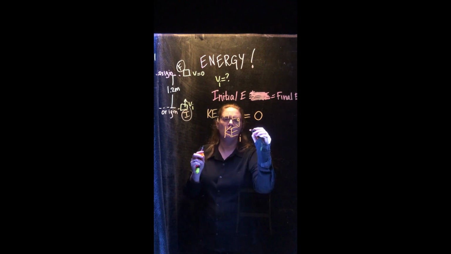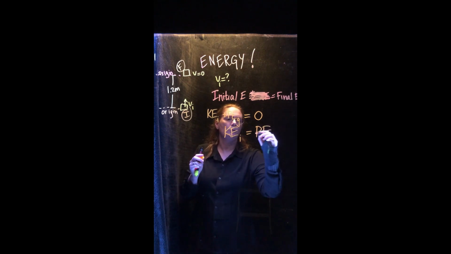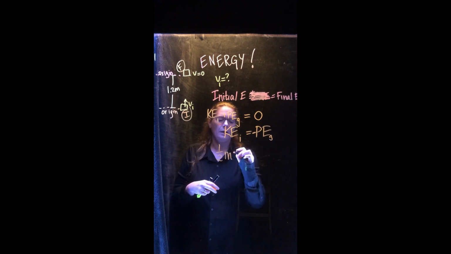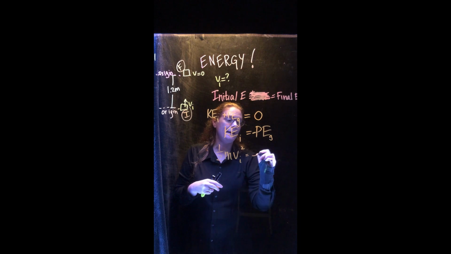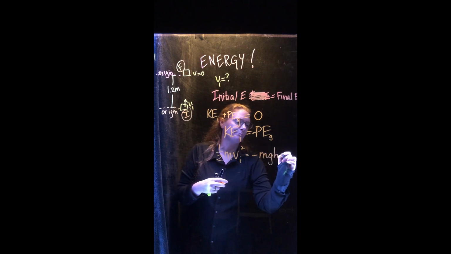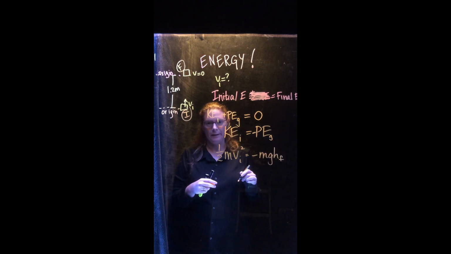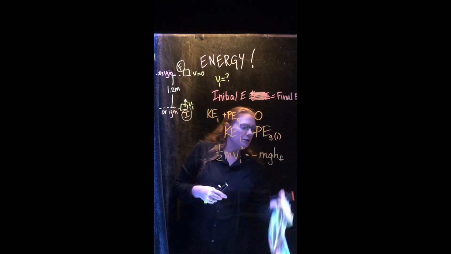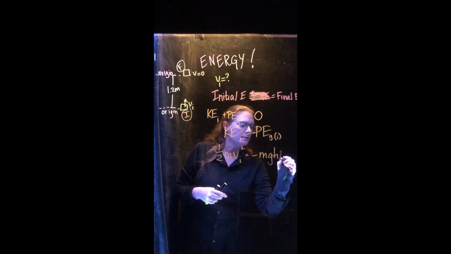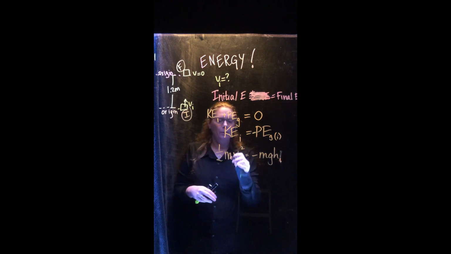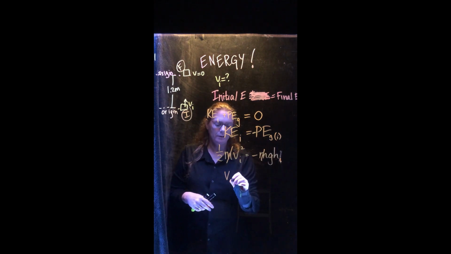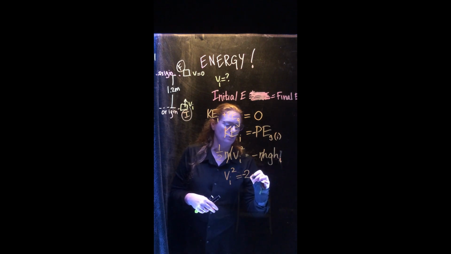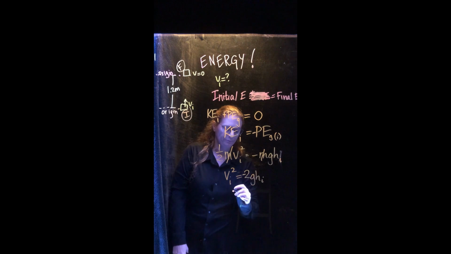Because we've got that initial is equal to negative PEG: 1/2 mv initial squared equals negative mg h initial. Only it wasn't h final, it was h initial, which means this is my initial height. Mass cancels, and we can still do v initial squared equals negative 2gh initial.